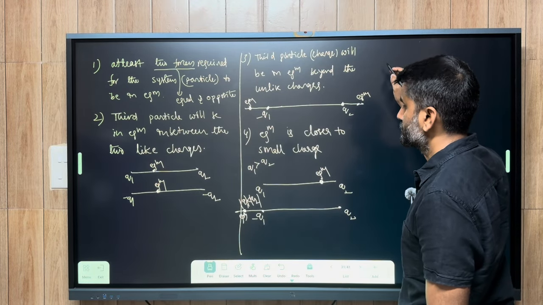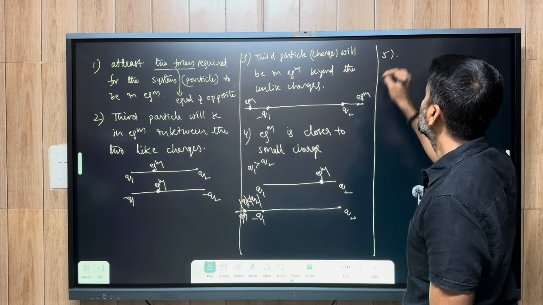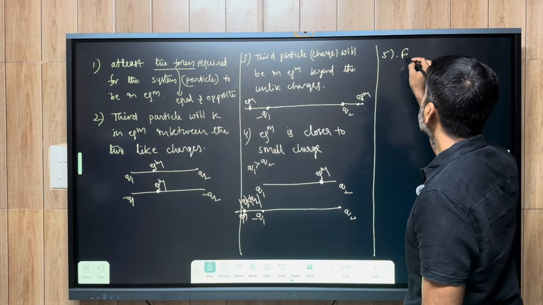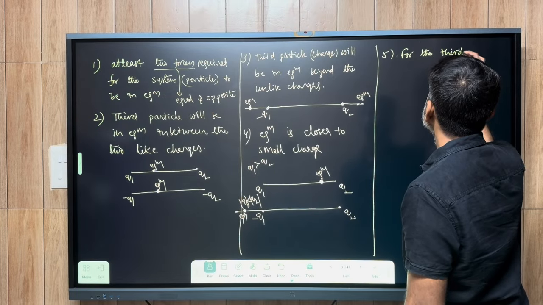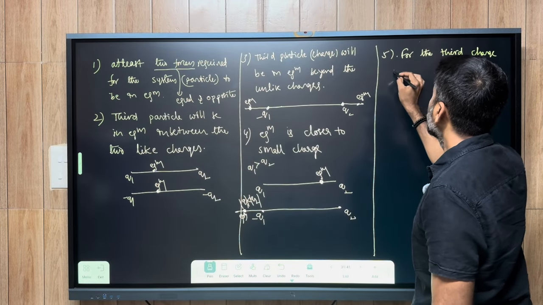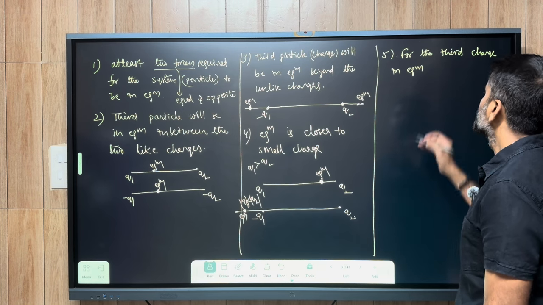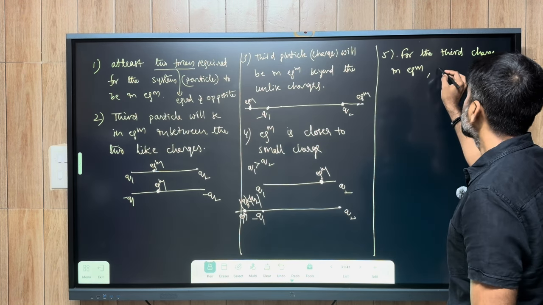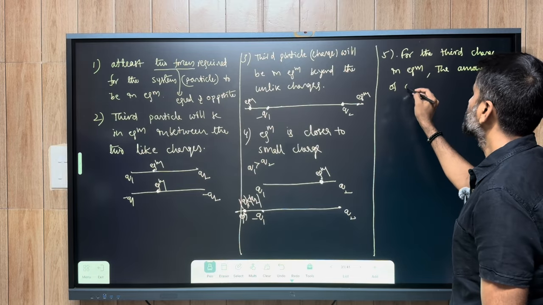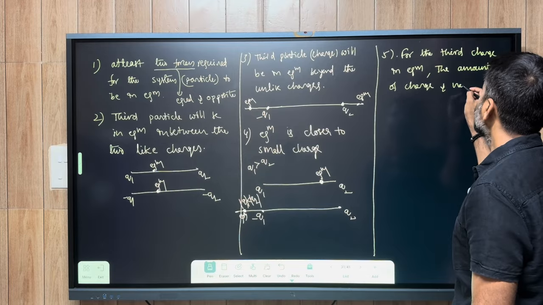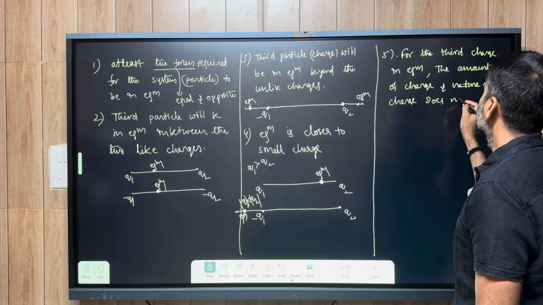Last point, the fifth point: for the third particle to be in equilibrium, the amount of charge and nature of charge does not matter.